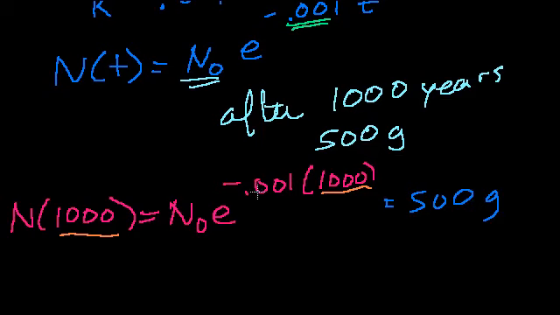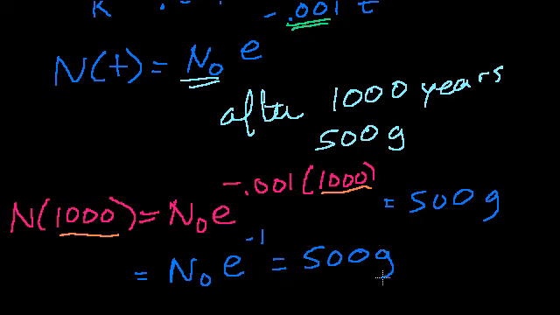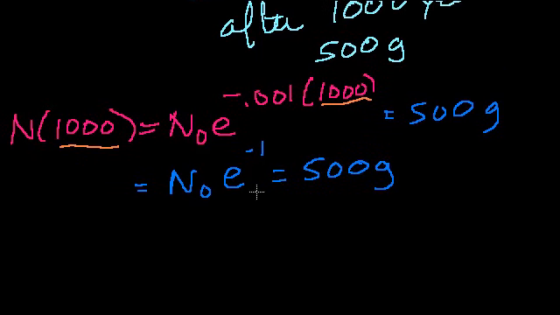So what's the exponent? 0.001 times 1,000 is 1, so n sub naught times e to the minus 1 is equal to 500 grams. I could multiply both sides by e, and I have n sub naught is equal to 500 e, and e is about 2.71.